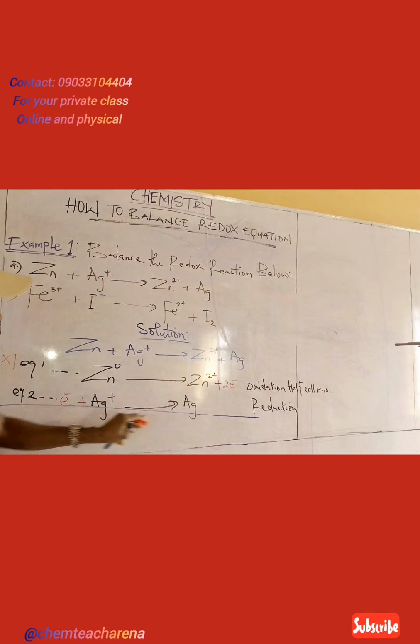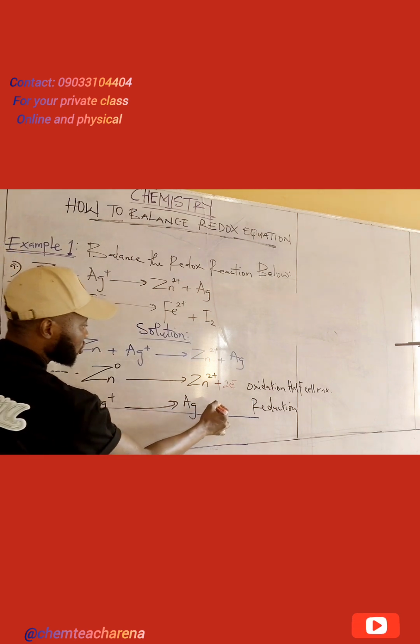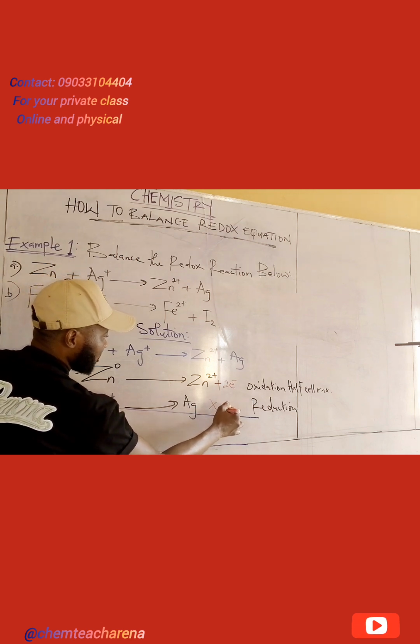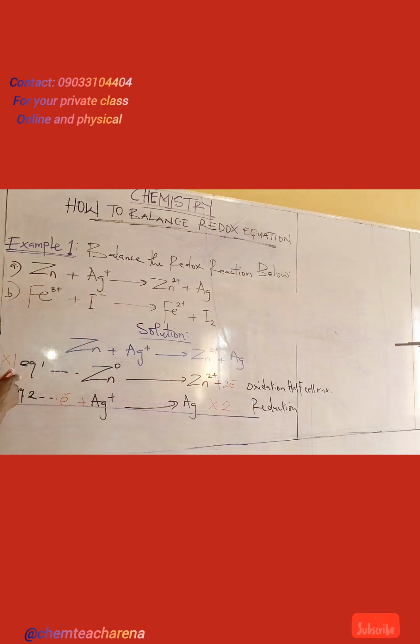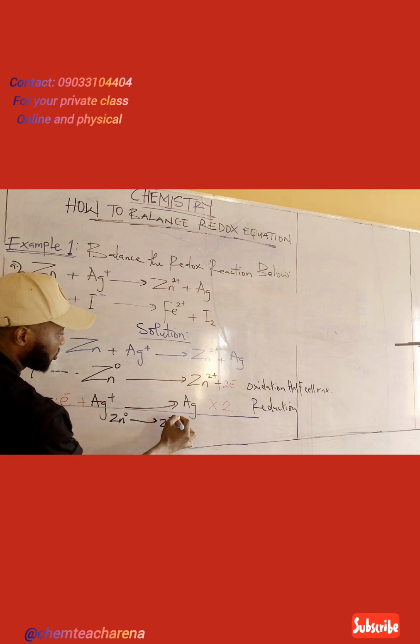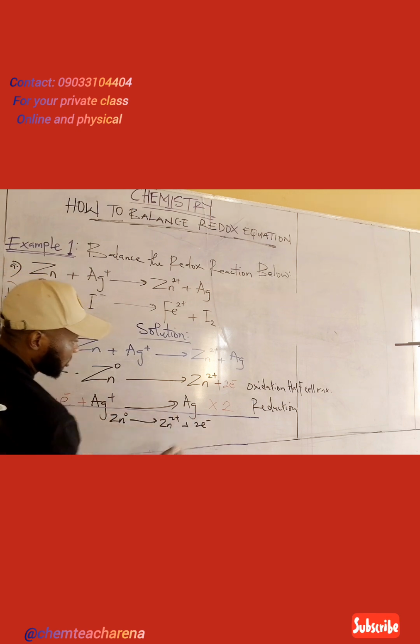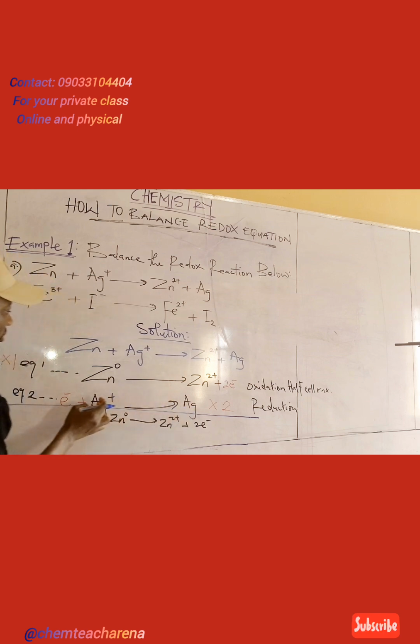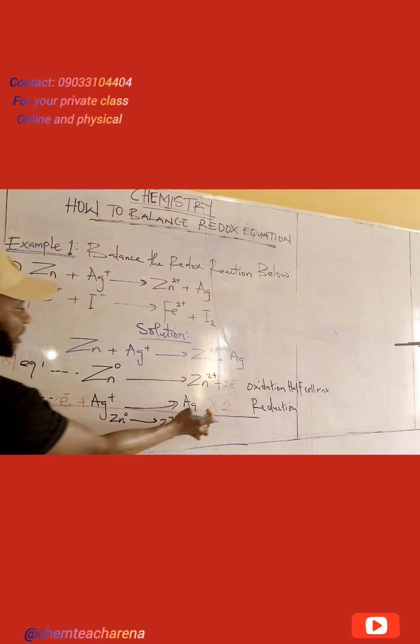Then equation 2, I will multiply by 2, so that I can get what I want. If you multiply this one by 1, it will still give you the same thing, no change. So equation 1 becomes Zn, we have to give you Zn2 plus 2e minus. Then this one also will now give me 2, I multiply by 2.